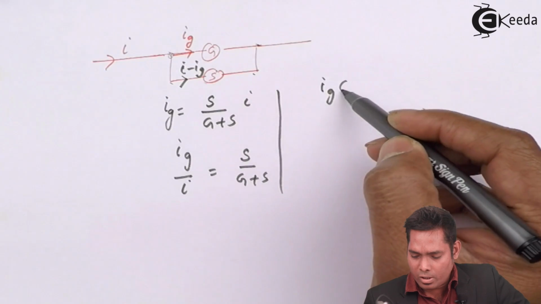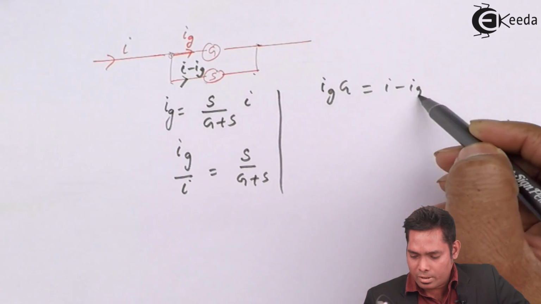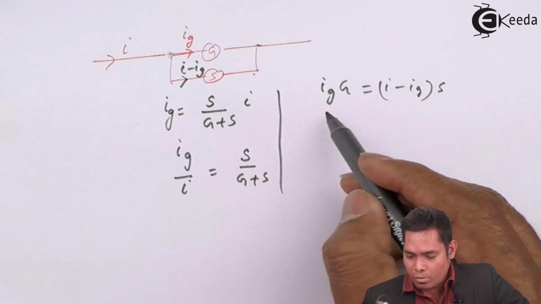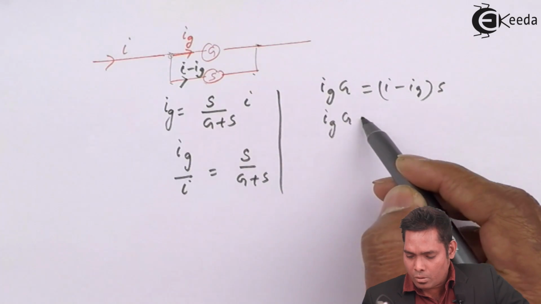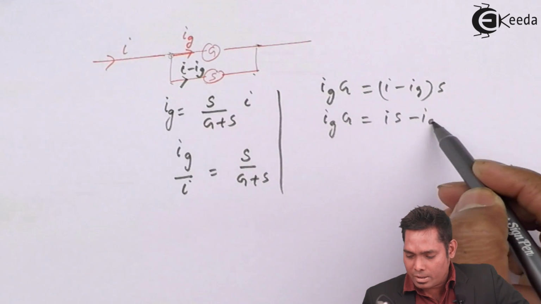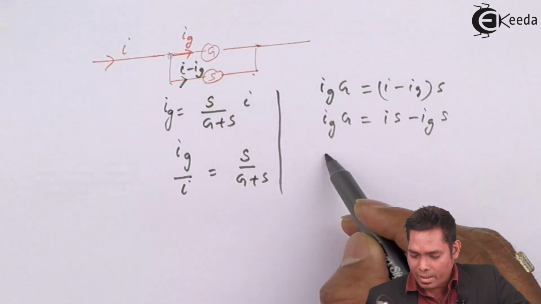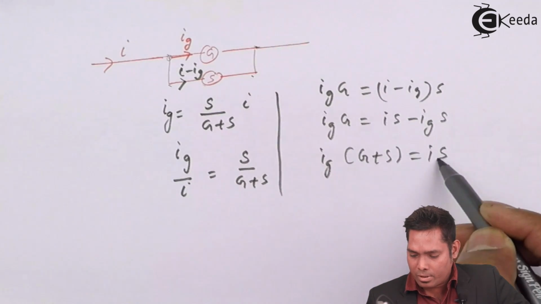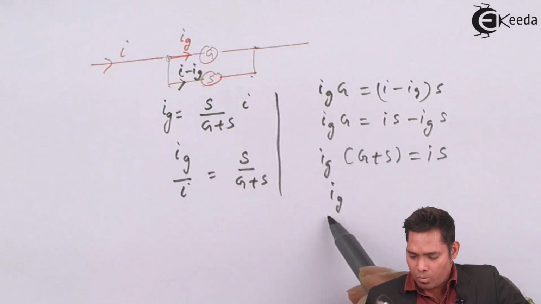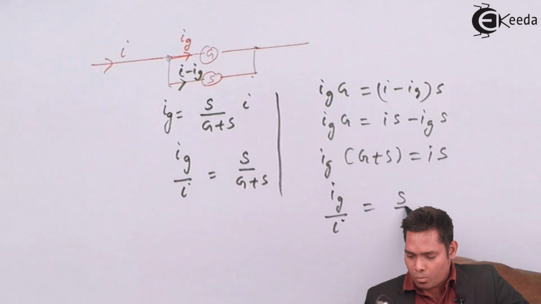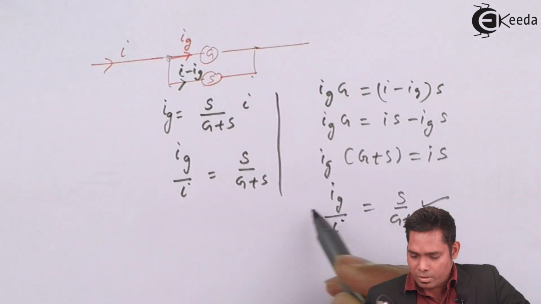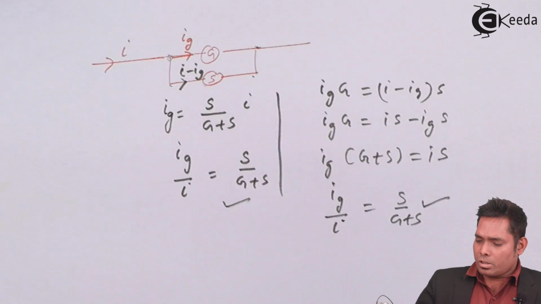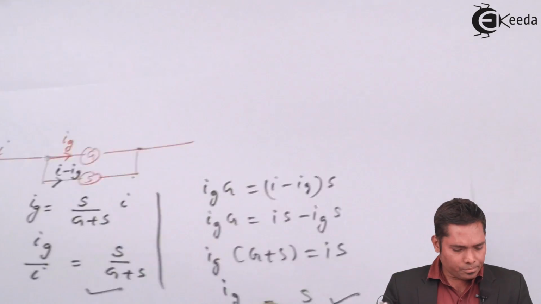Ig times G must be I minus Ig, times S. Solving, Ig G equals IS minus IgS. Taking this to the other side with Ig common, Ig times G plus S becomes IS. So Ig over I equals S over G plus S. It is the same thing, so it is up to you how you find it.